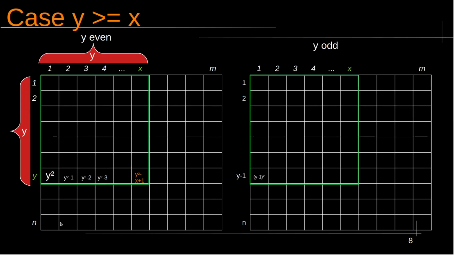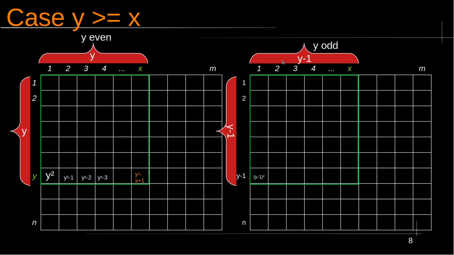So we can use the square here because y is odd, so y minus 1 is even. So here we have y minus 1 square, and this row y minus 1 column 1. And to compute the element at the row y, here we have the row y.